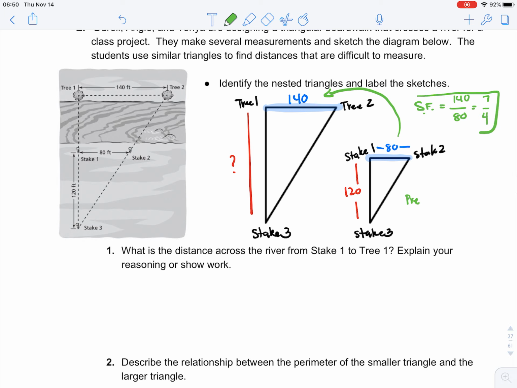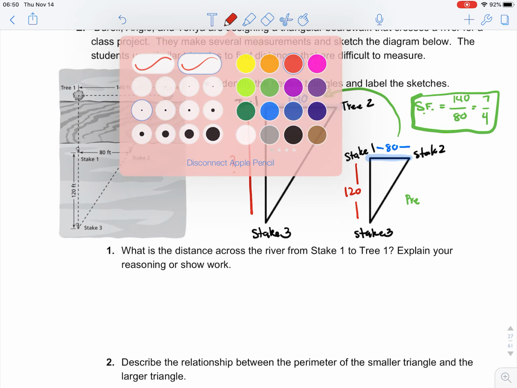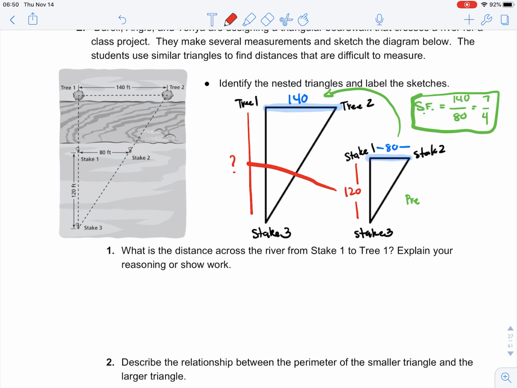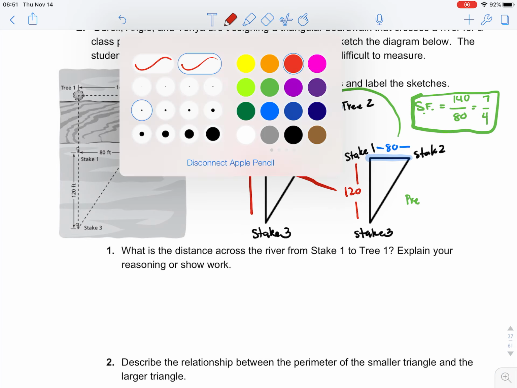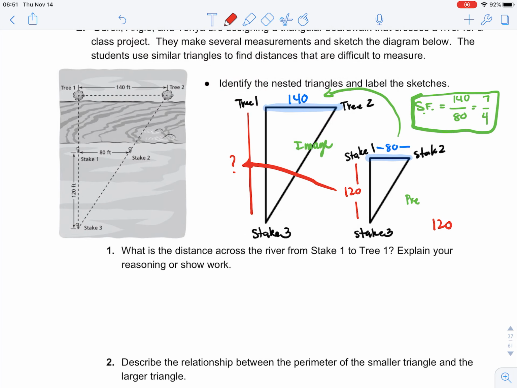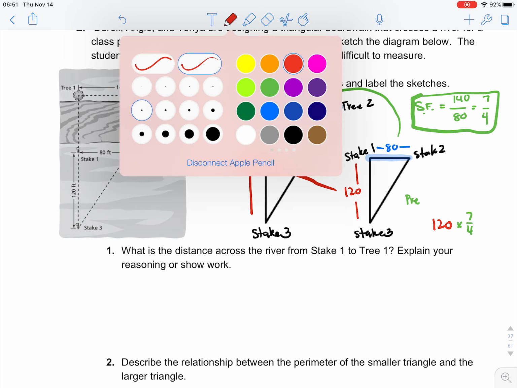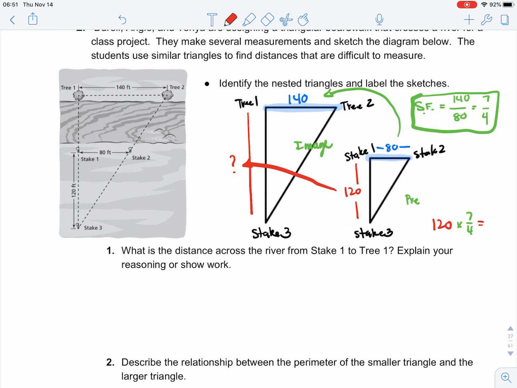Okay, scale factor, well, that's very important to know. Okay, now we got to do the same thing with the 120 to the question mark. And this is our image, I forgot to label it. We got 120 times your scale factor, times 7 over 4, and that should equal our new value of this distance.